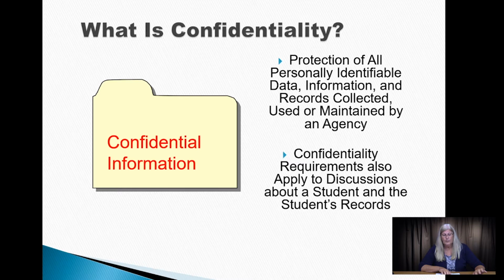School personnel must protect all personally identifiable data and records collected, used, or maintained by the agency, which is you, the school district. Confidentiality requirements also apply to discussions about a student and the student records. So not only the records, we're talking about discussions that you may have.